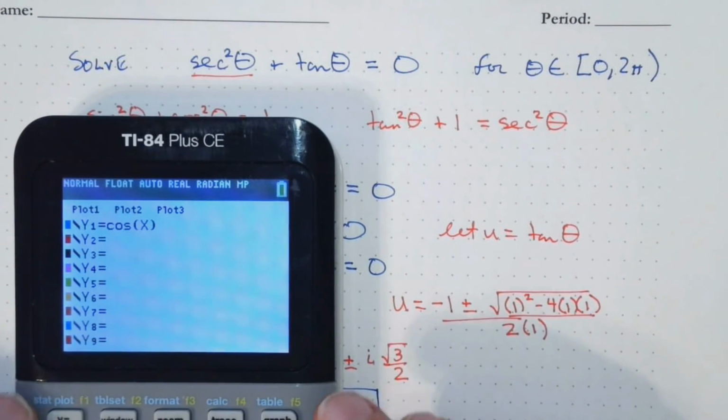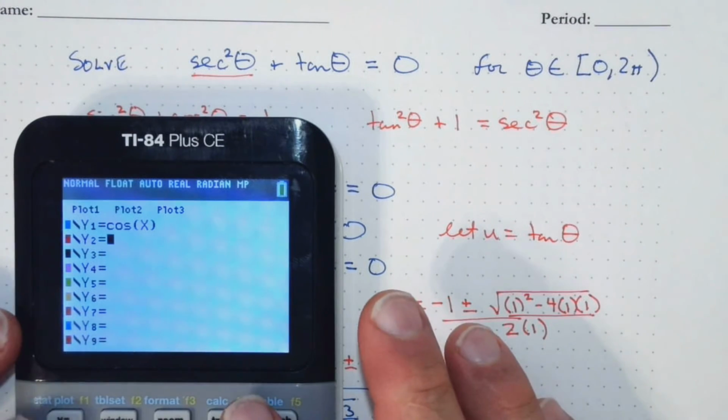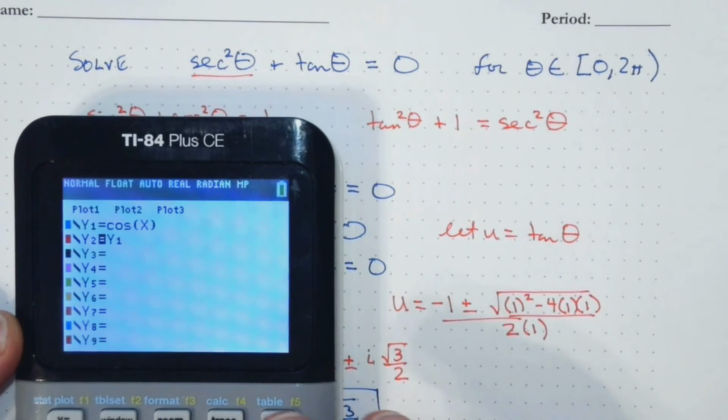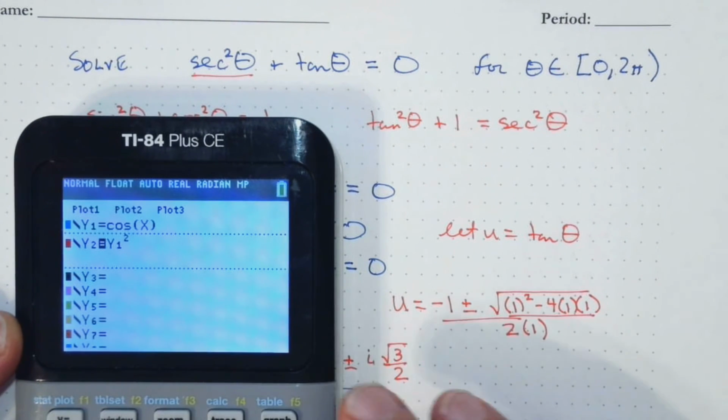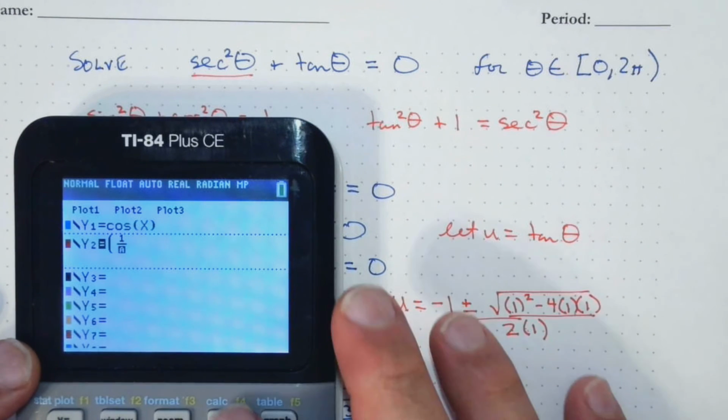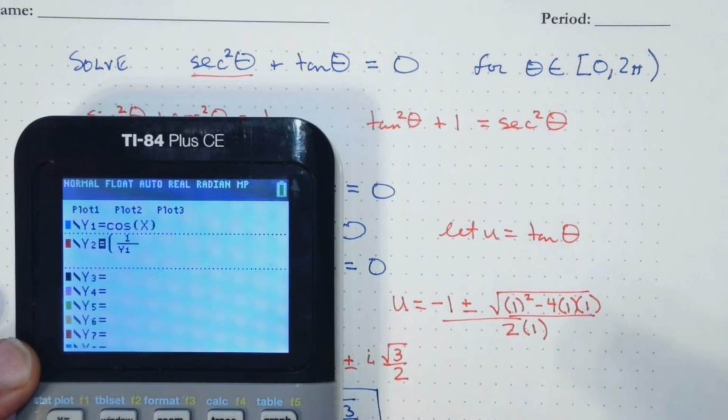But y2 is going to be y1 squared, but that's going to give me cosine squared, and I don't want that. So instead, I'm going to have the fraction 1 over y1 and square that, and that's going to give me secant squared, and then plus the tangent of x.